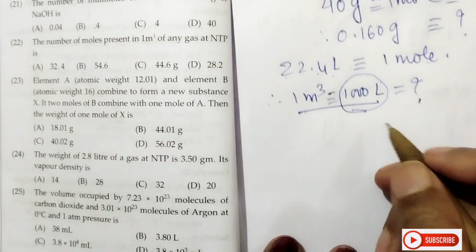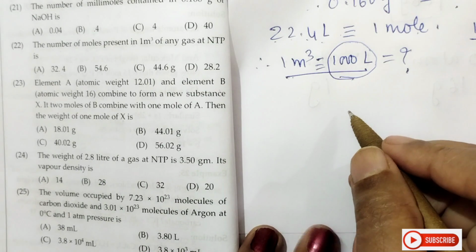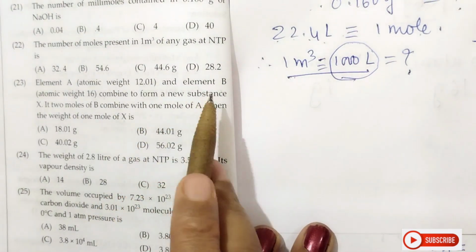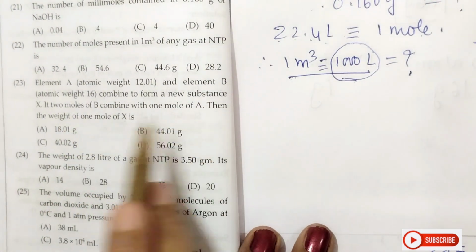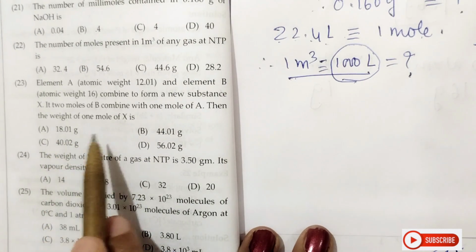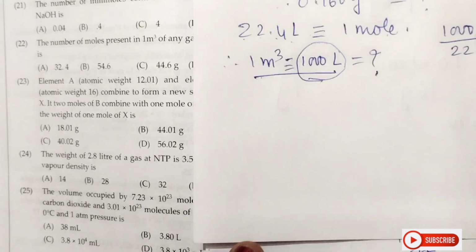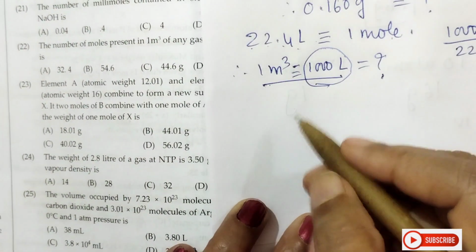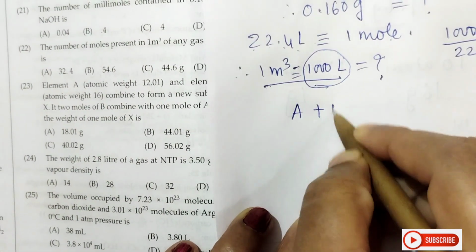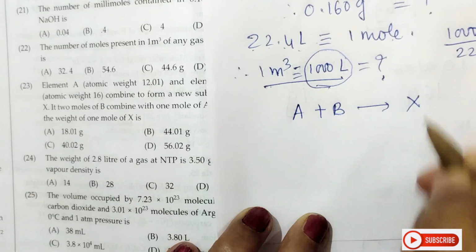See the next question, question number 23. Element A with atomic weight is given. The element B combines to form a new substance X. If 2 moles of B combine with 1 mole of A, then the weight of 1 mole of X will be. Students, here let us write a rough equation. They say that A when combines with B, compound X is formed.